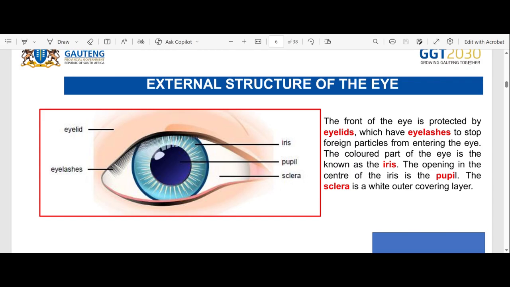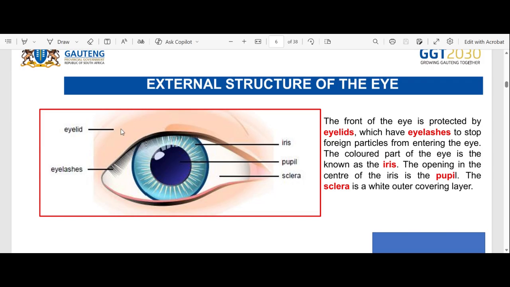Moreover, they remove foreign objects if it happens that those foreign objects enter your eye, right? And also at the corner of your eye, there's a fatty tissue, right? That cushions your eye. It cushions your eye. Does that make sense?